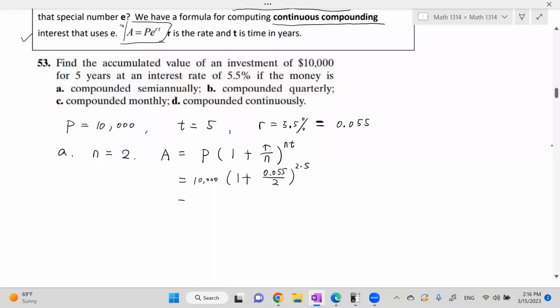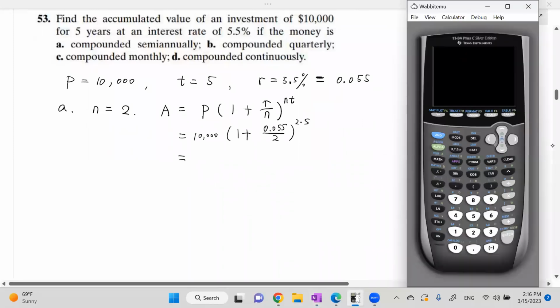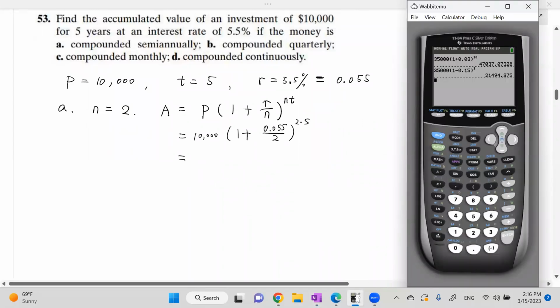So we are using the calculator. I hope I have enough space. Run the calculator and put 10,000. And then put all the information in the parentheses: 1 plus 0.055 divided by N, N is 2. Raise it to the 10th power, so we click caret. 2 times 5 is 10.